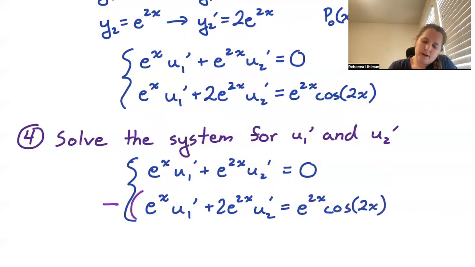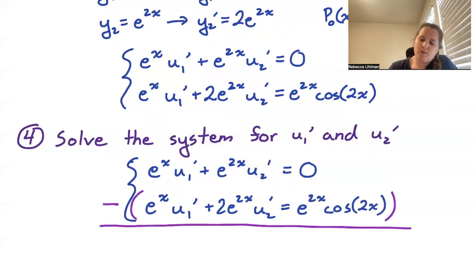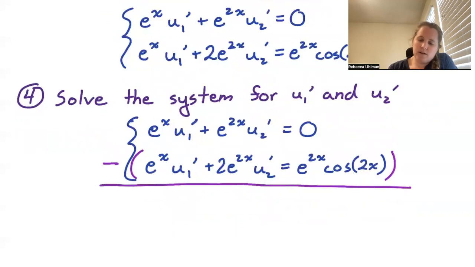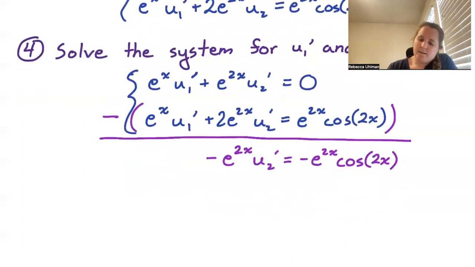If we subtract the bottom equation from the top, the e^x u1' terms cancel, and e^(2x) minus 2e^(2x) gives a negative e^(2x) u2' equal to negative e^(2x) cos(2x). This gives us that u2' is equal to cos(2x).